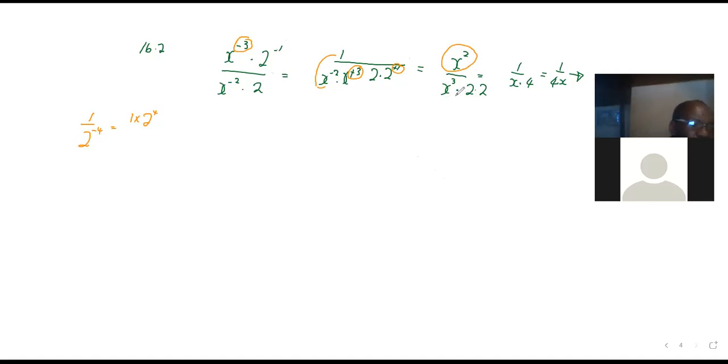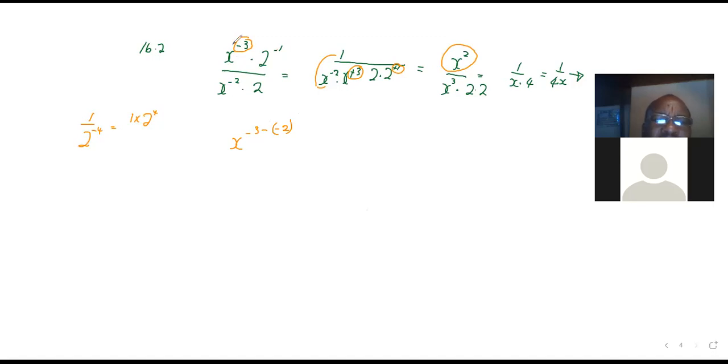There are too many ways to do it. You can do it the other way around. The other way around to do this, it becomes x to the power -3. This one, now we say minus 2.